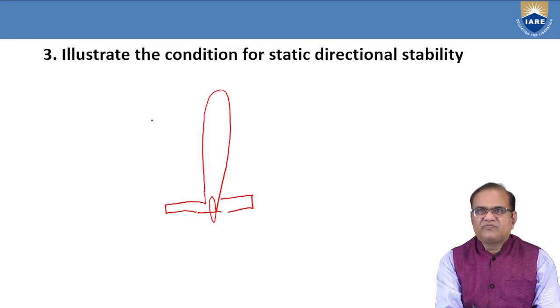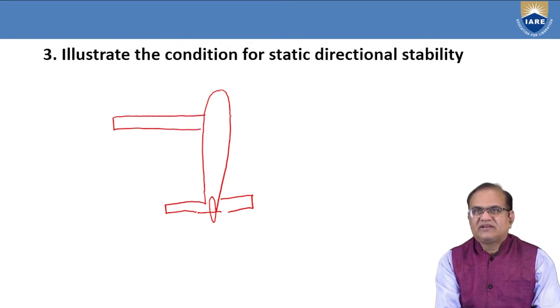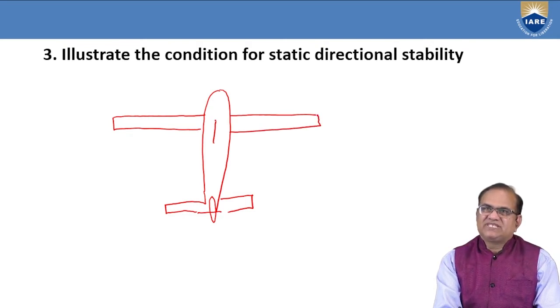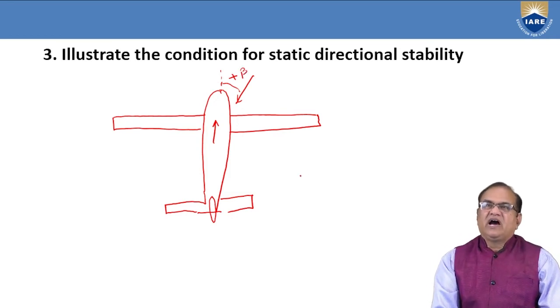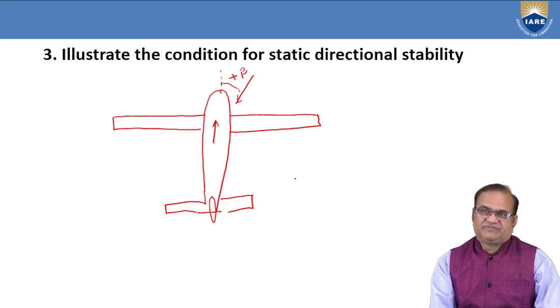This is the top view, and this is the wing. Aircraft is moving in this direction. Beta is from, this is the plus beta. Okay, this is happening. Then how the static directional stability is achieved?